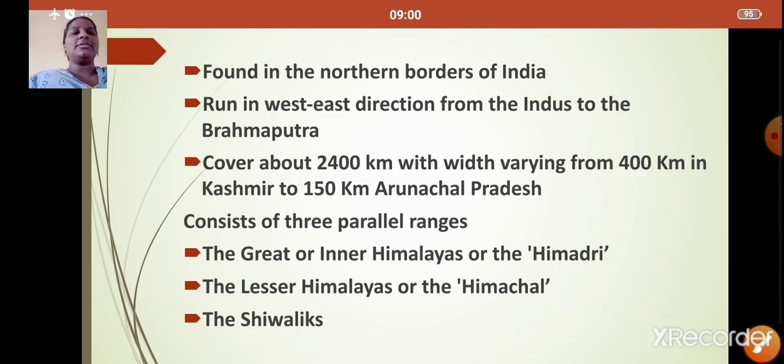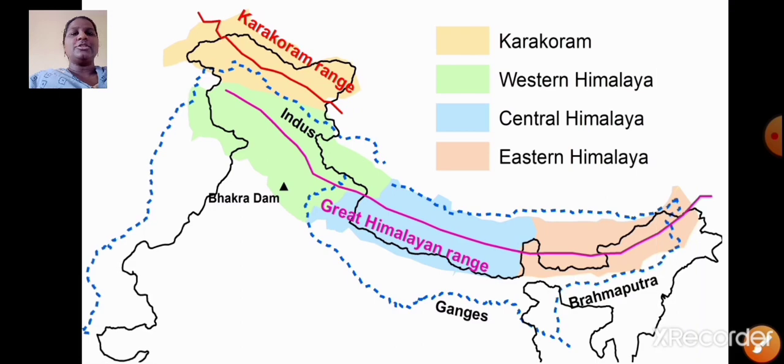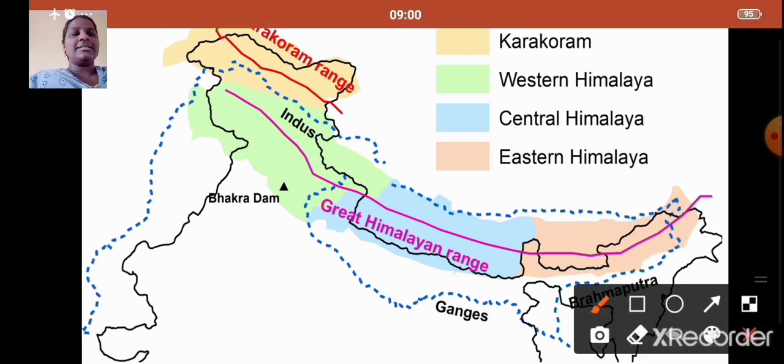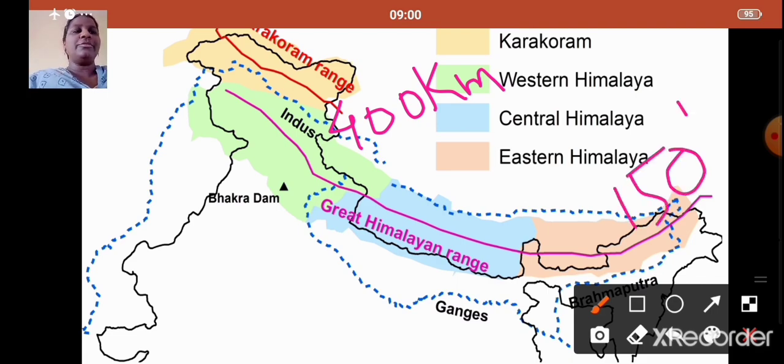So its width in Kashmir is 400 km, whereas in Arunachal Pradesh it is 150 km. Okay, so its width is more in Kashmir compared to Arunachal Pradesh.